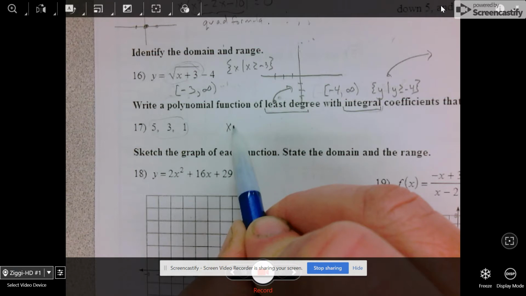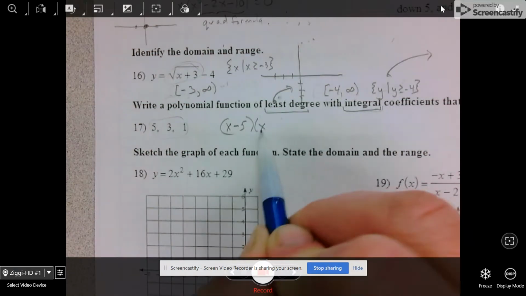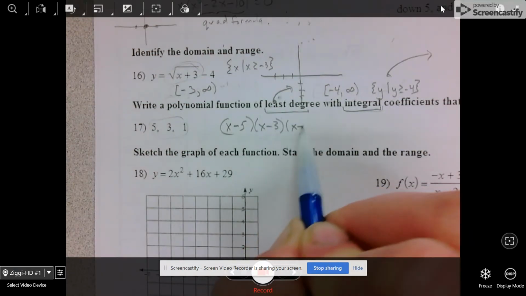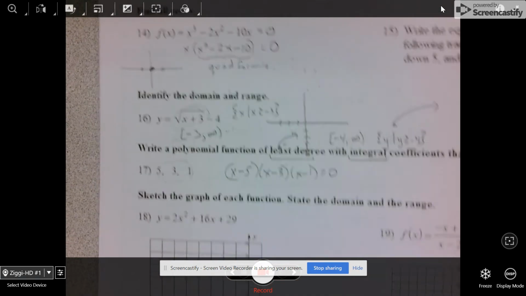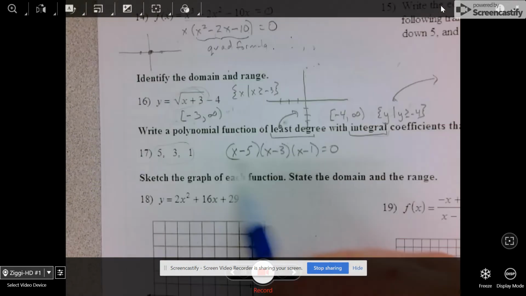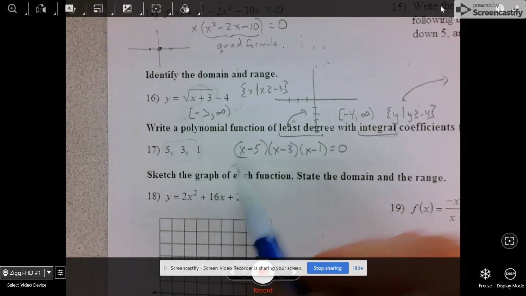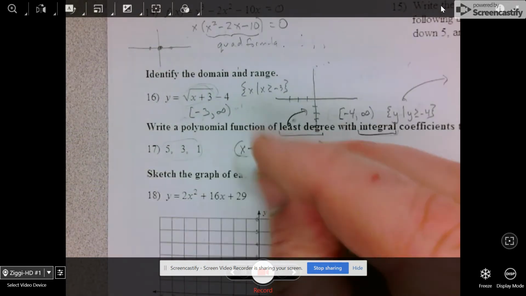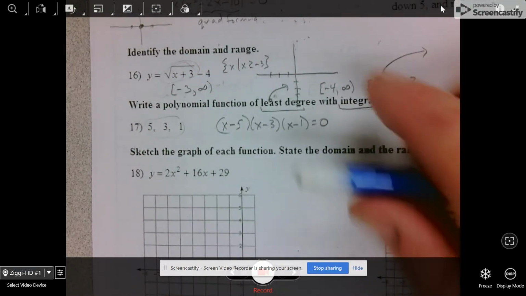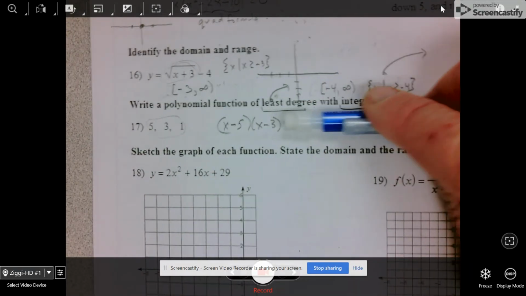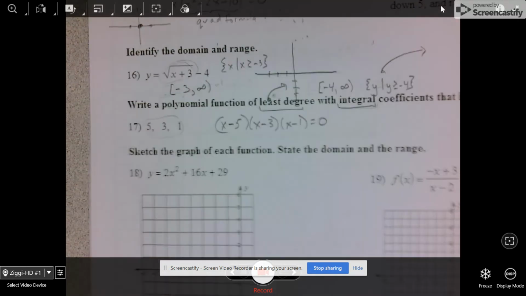So I know that if I factored this, any one of these would make this 0. If they would have given us 0 as a zero, then one of my factors would have been x. So essentially all you need to do is multiply these out. Multiply the first two, and then distribute the x minus 1 and combine your like terms.